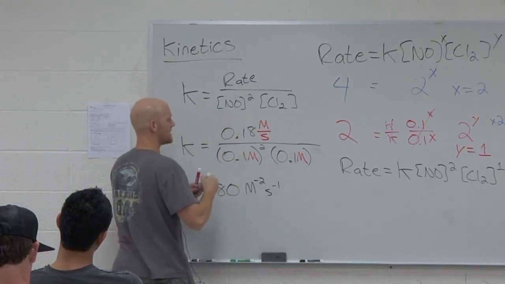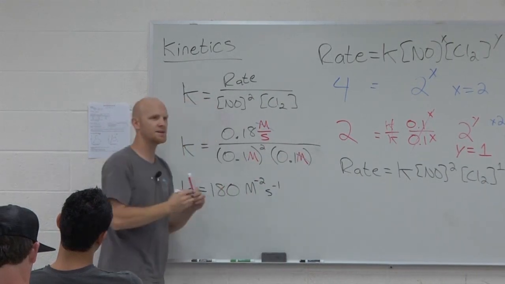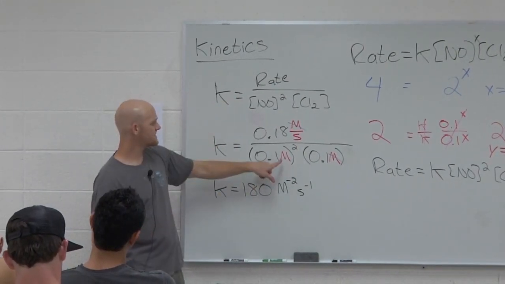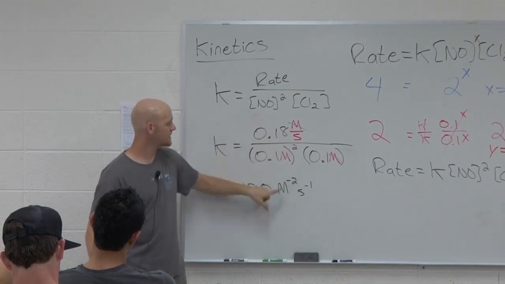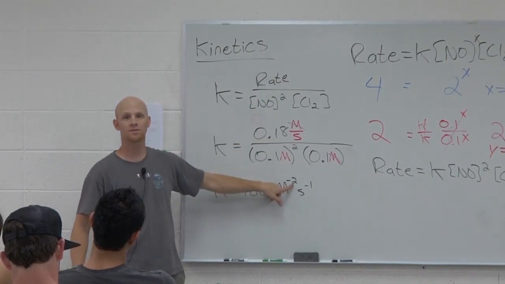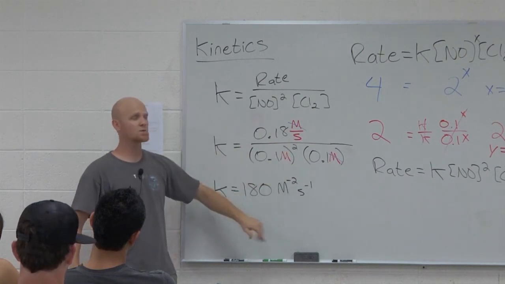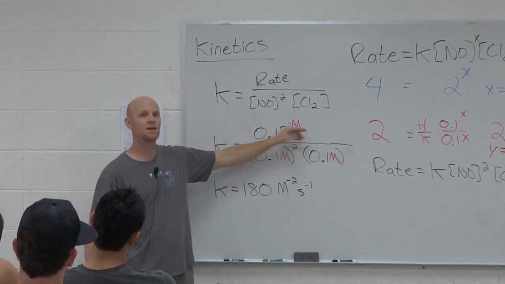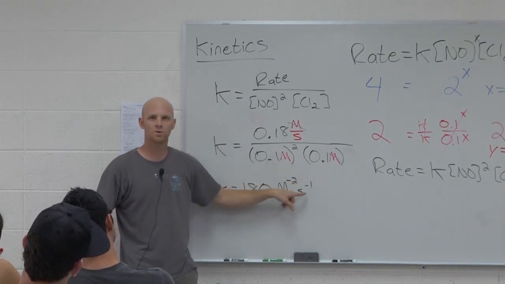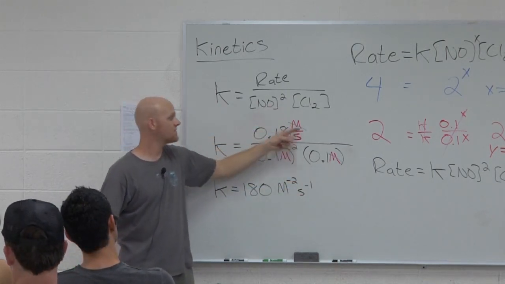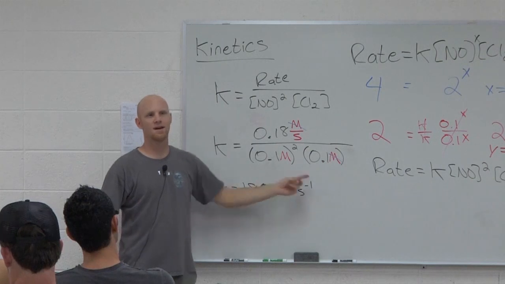So in this case, maybe I say this molarity and this molarity cancels. And so I'm left with this molarity squared, but it's on the denominator. And so being in the denominator, it'd be M to the minus 2 would be one way to say it, which is the same as 1 over molarity squared. And this is also seconds in the denominator. It was molarity per second. Another way to say that is seconds to the minus 1. And so if you just plug the numbers in with the units, these units would fall out of that anyways.